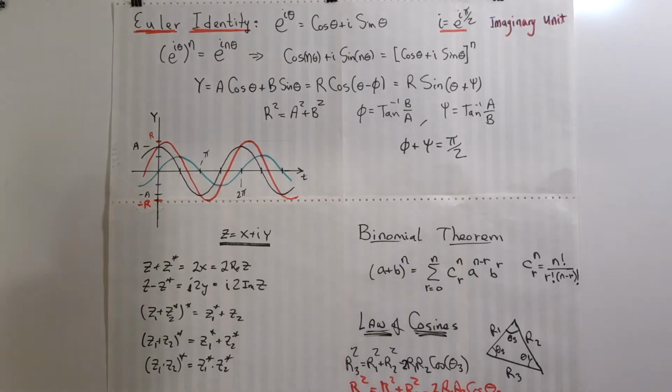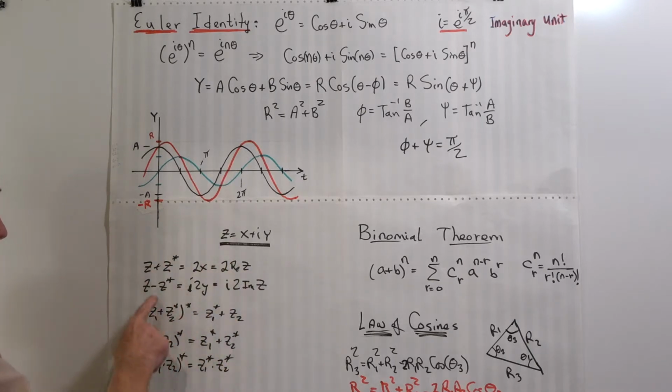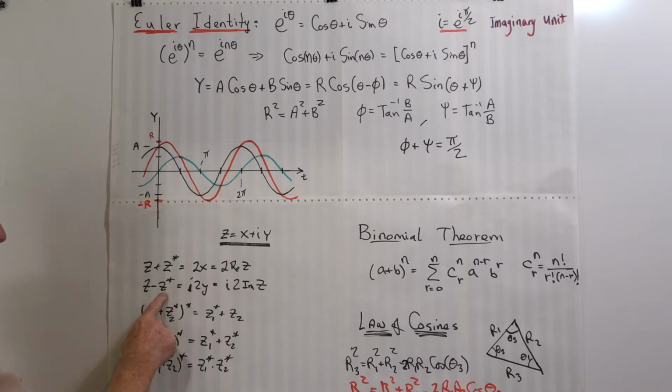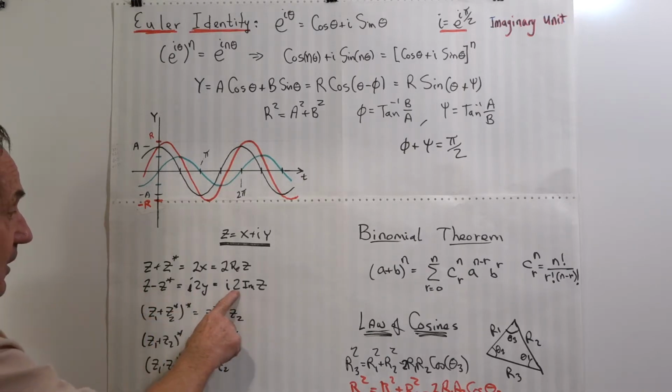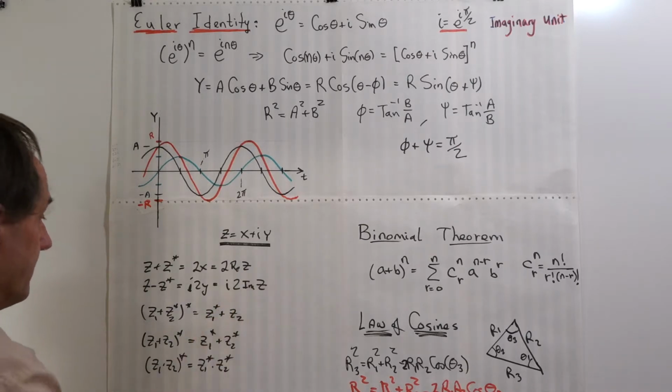Now, also have some properties of complex numbers. If we add a complex number and its conjugate, we get twice the real part of the complex number. If we subtract the conjugate from the complex number, we get 2i times the imaginary part.